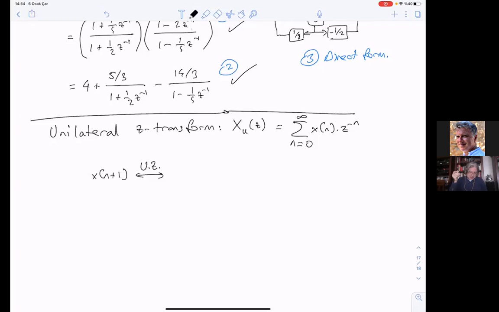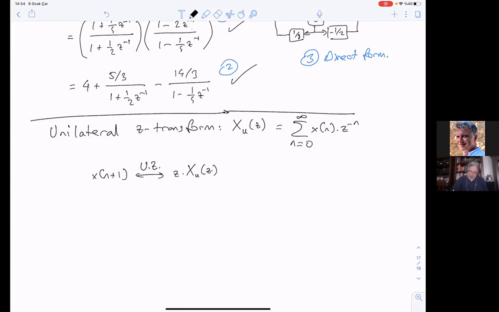That information must be injected into the system like this. First of all, z times x sub u of z, this much we had as a property already.